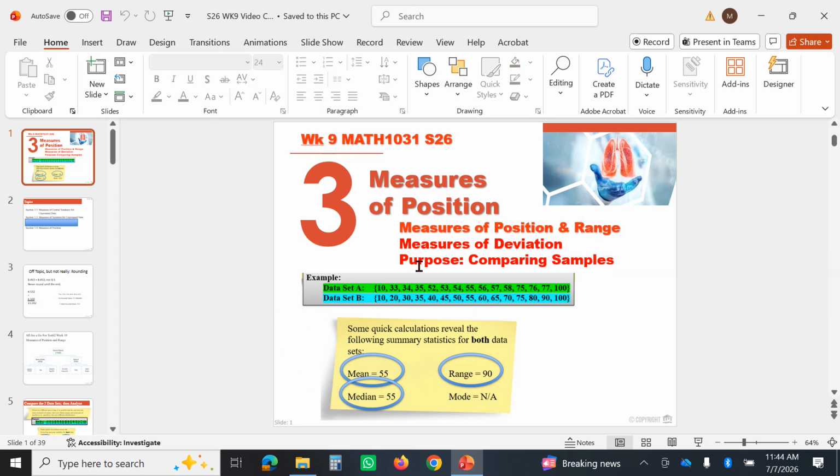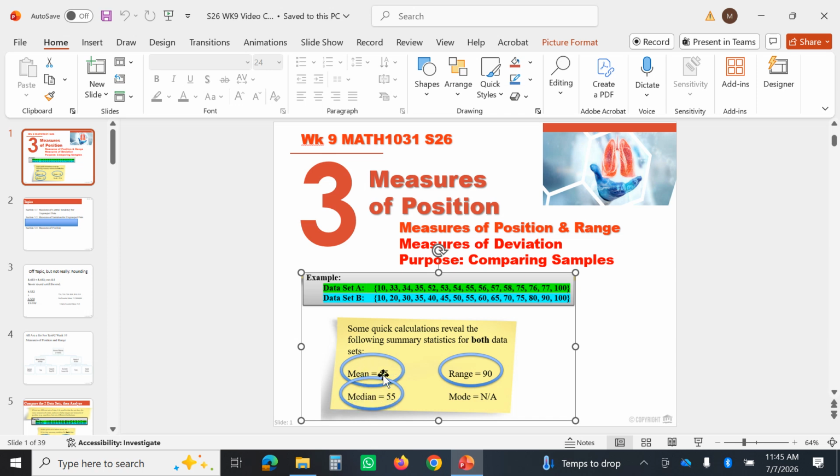I put this on the title slide: we have data set A and data set B. With a quick glance, I see 10, 20, 33, then 100. There are some small differences, but they generally look the same and have very similar qualities. They both have the same mean, 55.